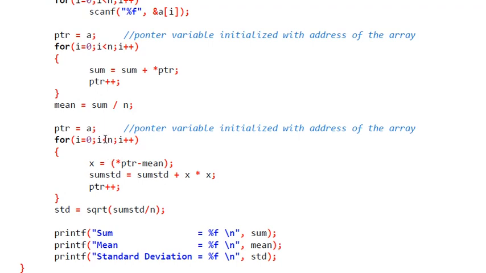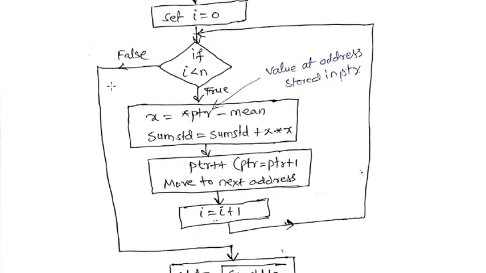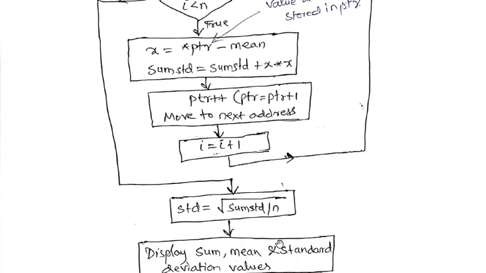When this condition becomes false, we are going to calculate the std. So when this condition becomes false, we calculate std is equal to the square root of sum std divided by n.